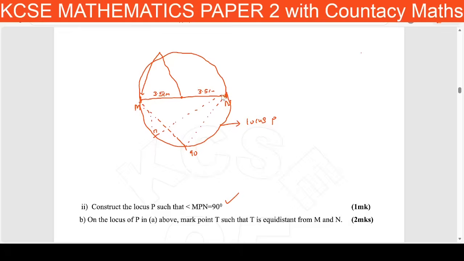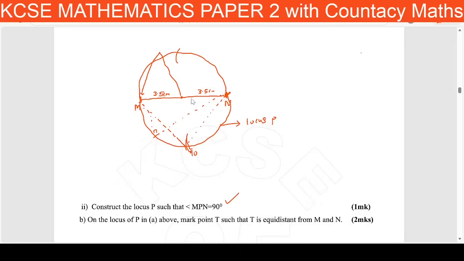You pick your compass, extend it, mark this, and let this be the place where the one arm stands, and then the other arm you extend up to a point like this, at least a bit beyond the center. You put a mark upwards, and also another mark downwards like that.